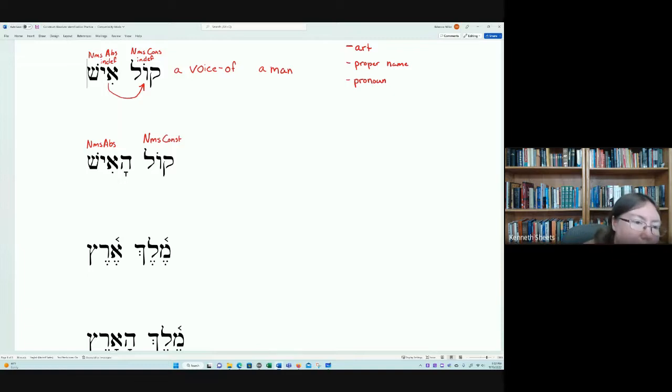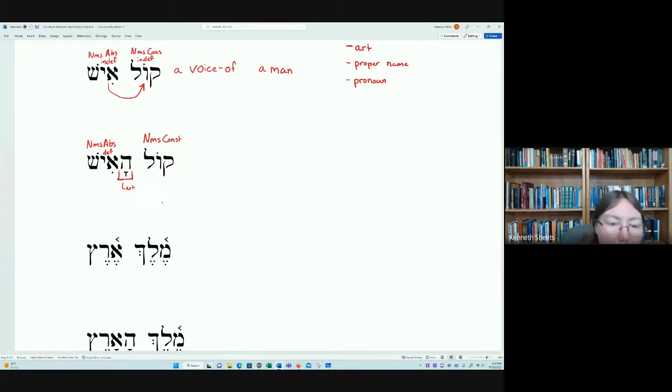But notice, unlike our first example, I have hey with a patach followed by a dagesh forte. But the dagesh forte is rejected by the guttural, and the preceding vowel lengthens. So here is my article. So this is definite.